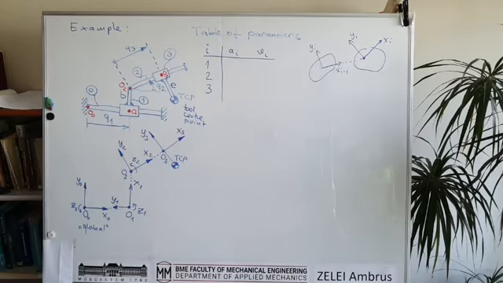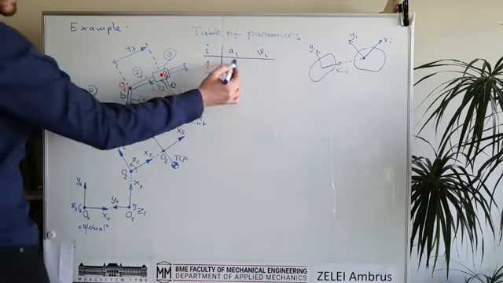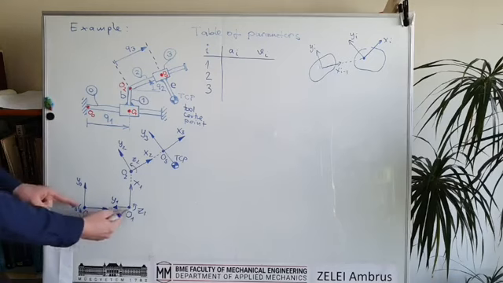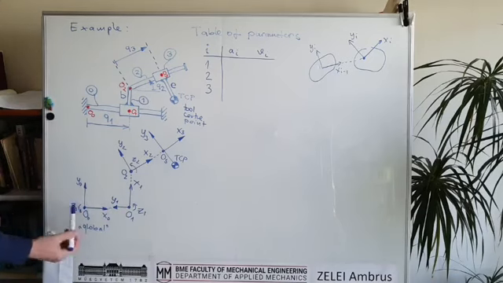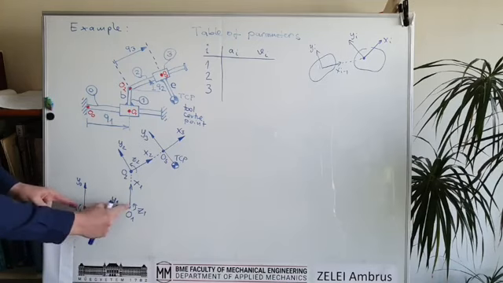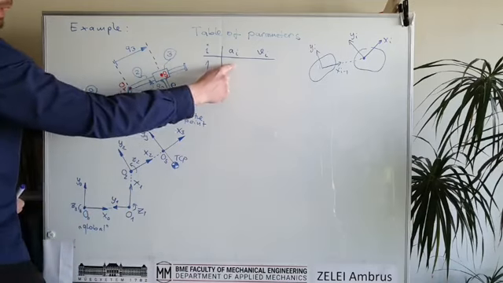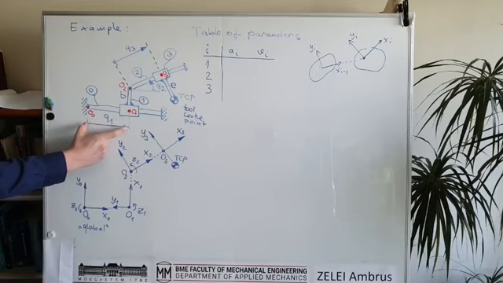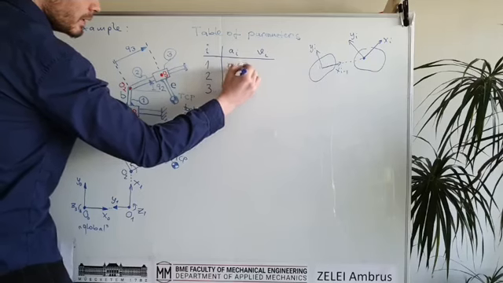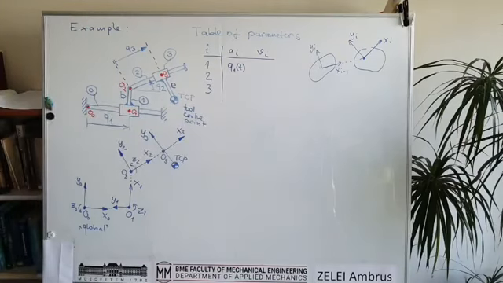we should fill up this table. So as you can see, between the first two coordinate systems there is a translation, and this translation is called A1, but it is exactly equal to the first joint coordinate, so that's why A1 will be equal to our time dependent joint coordinate for the first joint.